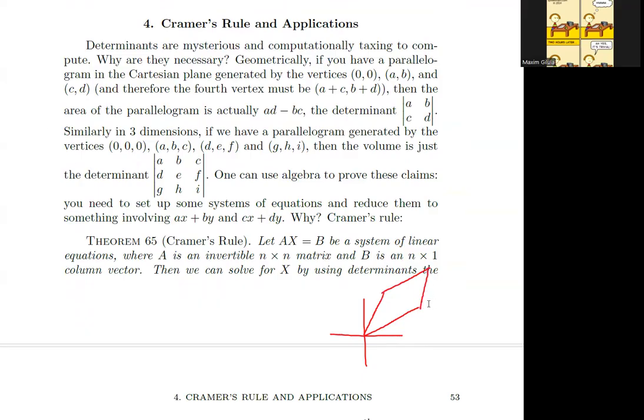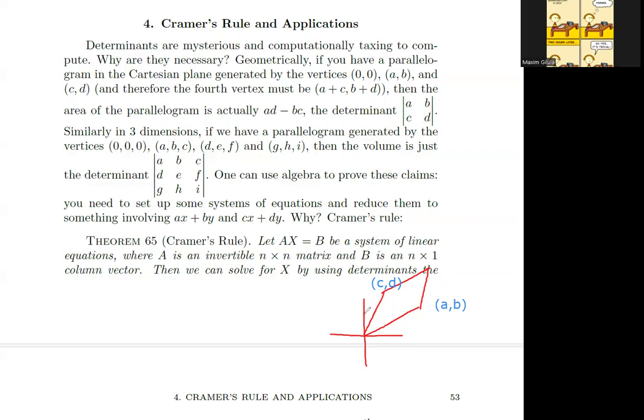And so let's say this one is A, B, and this vertex is C, D. Then the area of the parallelogram, surprisingly, is AD minus BC. It's the determinant of the matrix A, B, C, D. So geometrically, this has applications, and in three dimensions too.